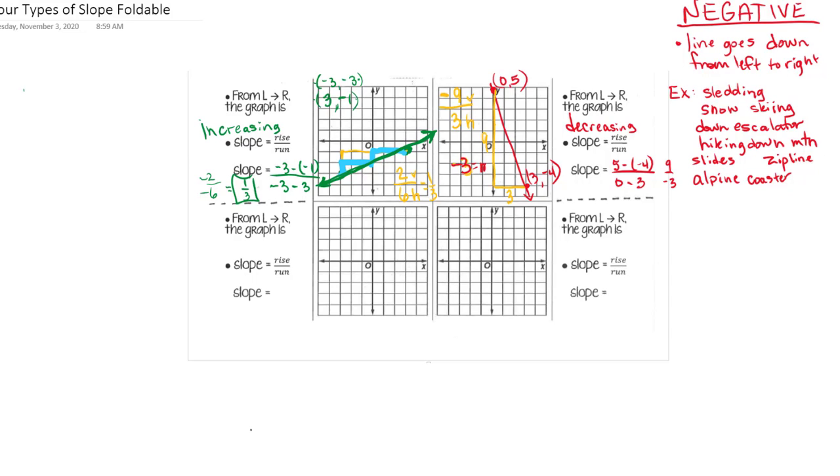And I could label those as m. So here, for this one, my slope was 1/3. Here my slope is negative 3. Okay, good.